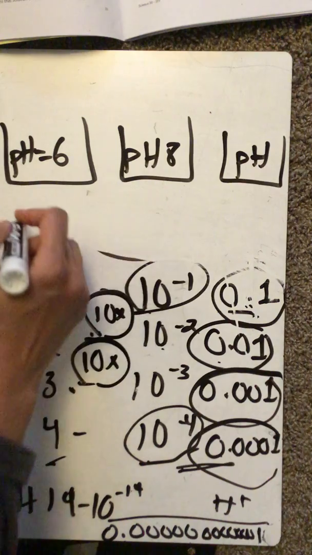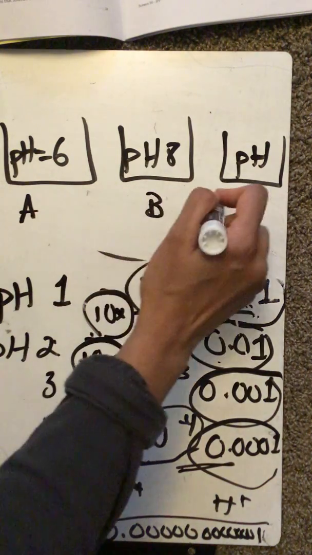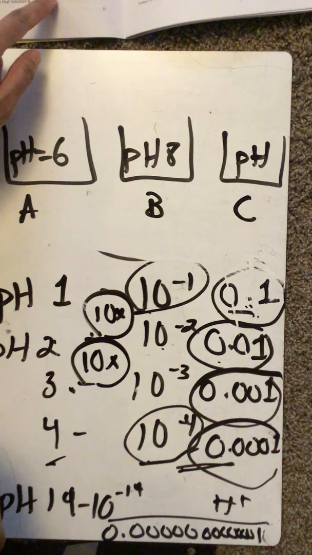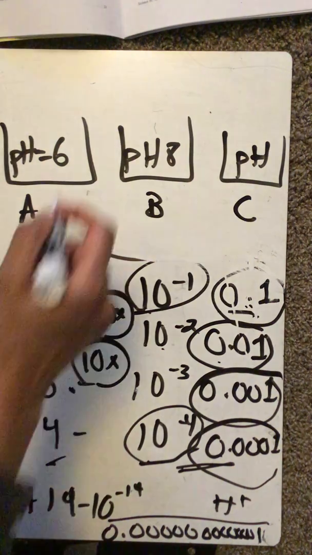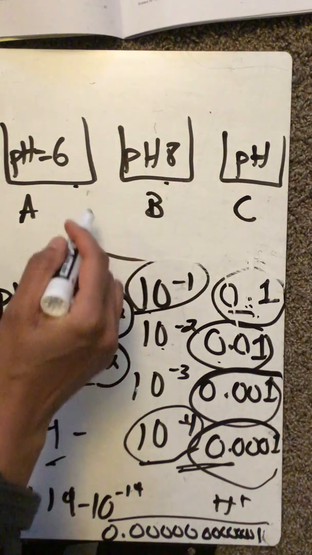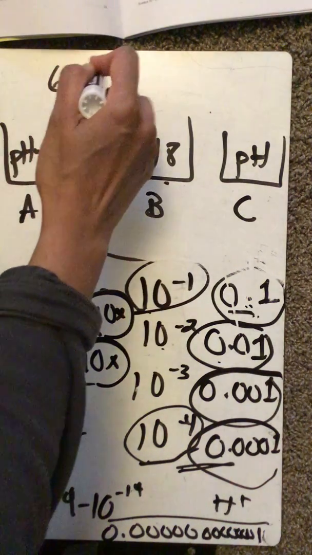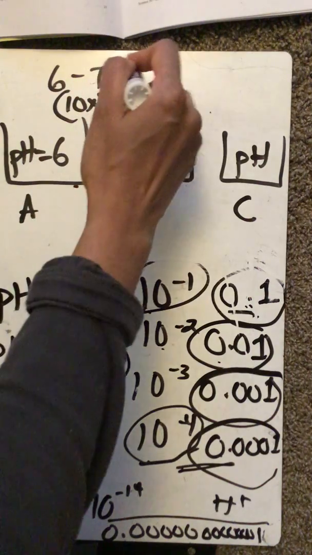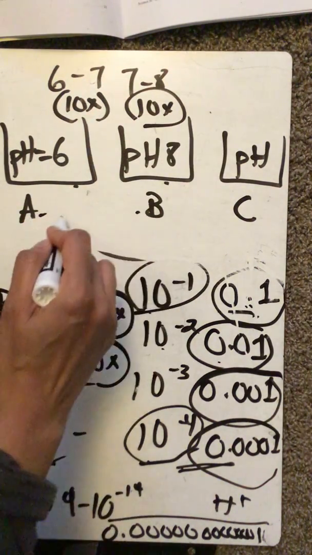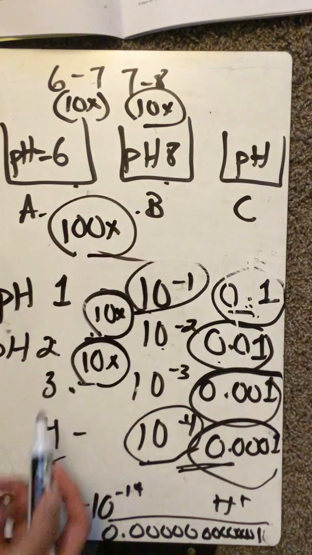So this is solution A, B, and C. Solution A has how many more hydronium ions than solution B? Well, if this is pH 6 and this is pH 8, between 6 and 7 there's a 10 times difference, and between 7 and 8 it's 10 times different. So the difference between A and B is 100 times.